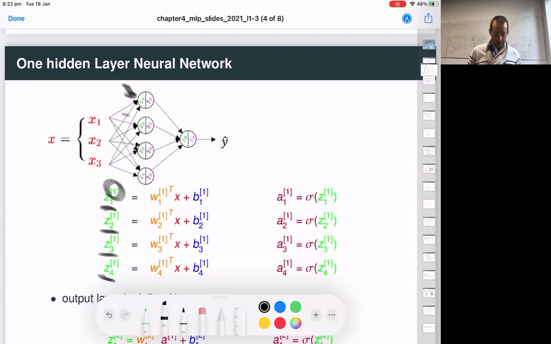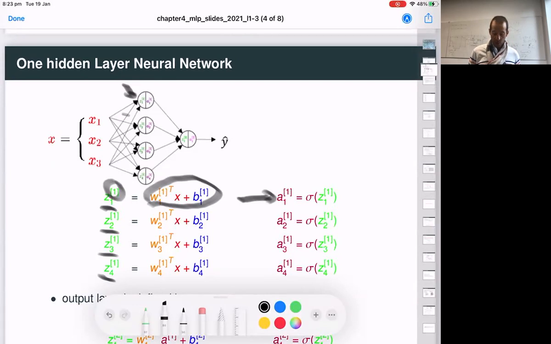For each neuron, you have a set of weights, denoted by W subscript 1,1, a linear combination plus the bias, and after, on this, you apply an activation function.